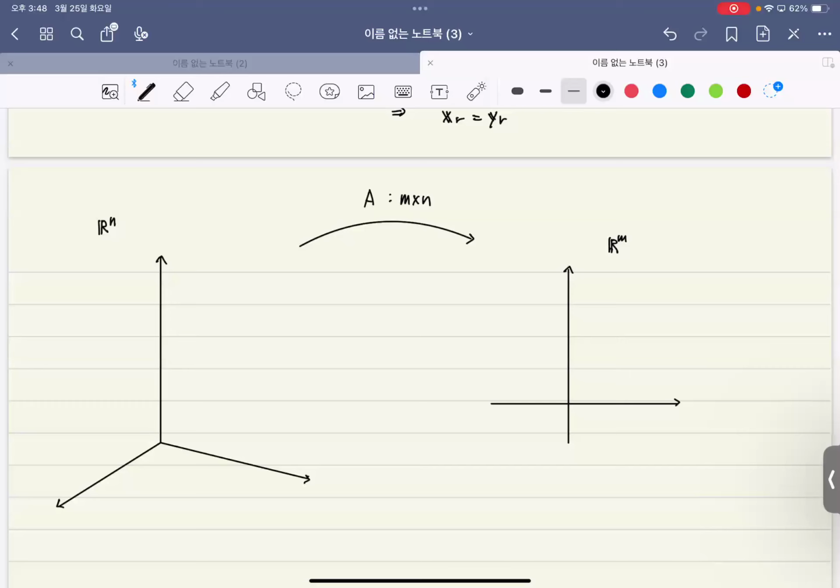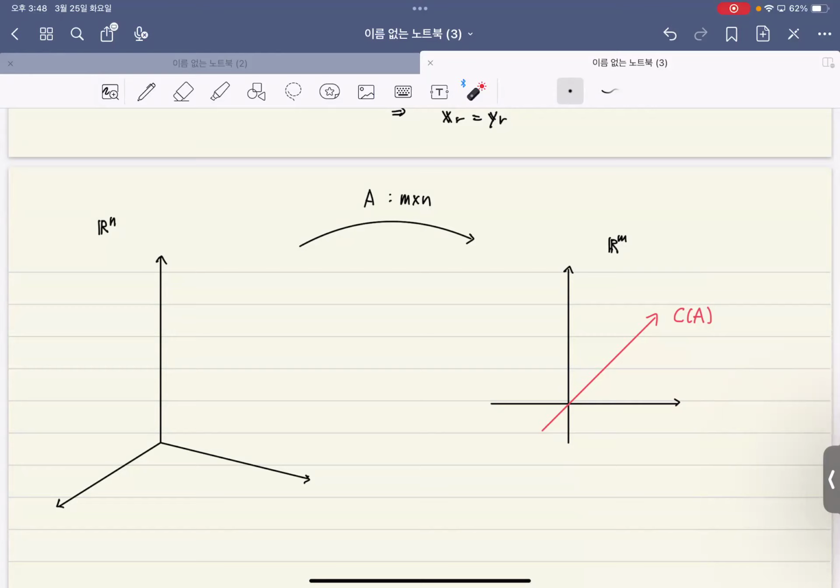So considering matrix A as a linear transformation from Rn to Rm, if this is the row space and this is the column space of matrix A, then that means this entire set of vectors from your domain has been squeezed to fit onto this one single line, right? So this is the range of this linear transformation, this function.